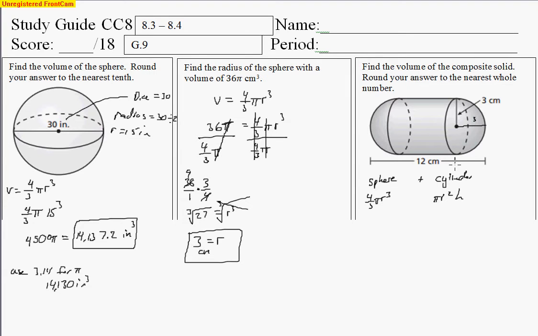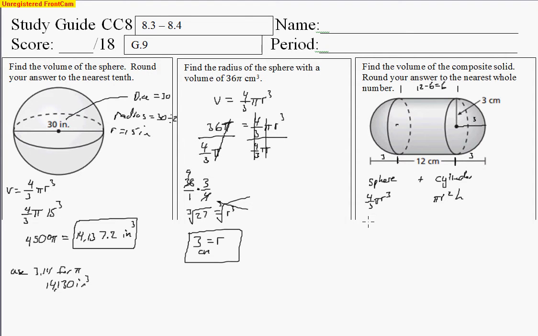So right here we have 3. And over here from the center, we also have 3 centimeters. And so if I take those 3 centimeters away from the total distance of 12 centimeters, that would give me the height of the cylinder. So the height of the cylinder is going to be 12 minus 6, which is just 6.